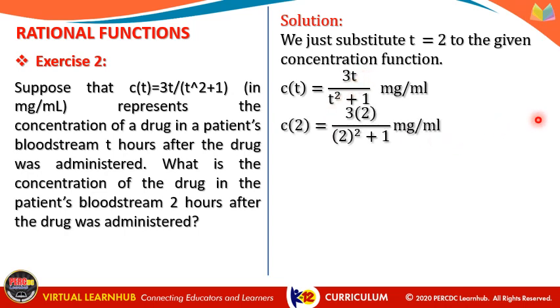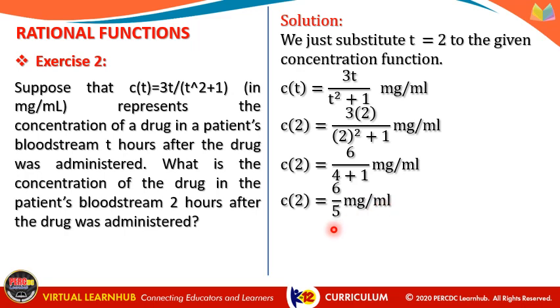Of course, we will have 3 times 2 divided by 2 squared plus 1. Of course, 3 times 2 is 6. So, you have 6. You have 4 plus 1. So, you have 6 over 5. Actually, okay na ito. Pero kung gusto mo siyang gawing decimal, then you have 1.2 milligram per milliliters. Again, ingat po tayo sa units.